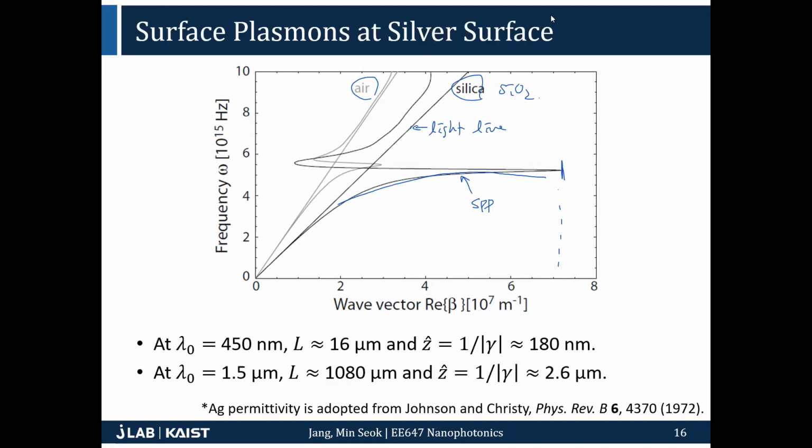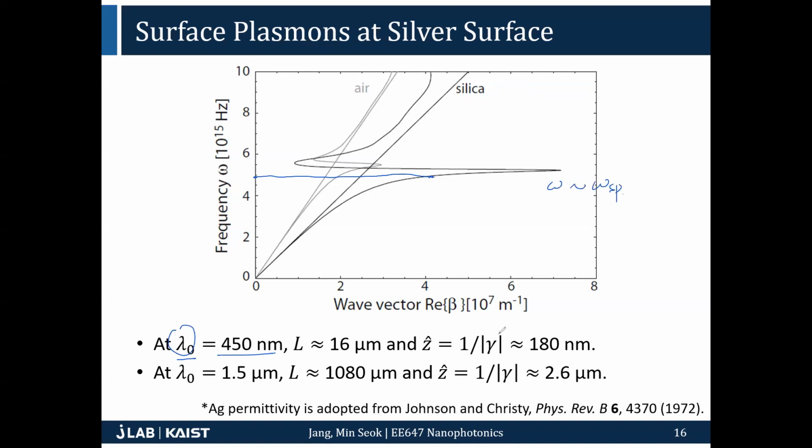Okay. And if you actually look at the numbers here, at lambda 0 of 450 nanometers, which is somewhere around here, in this case omega is close to omega sp.